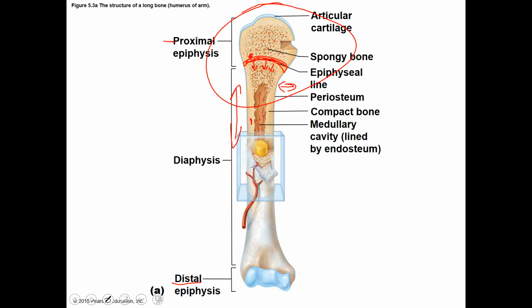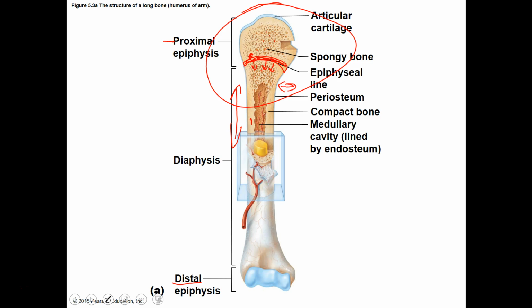But as these cartilage cells that are created in the epithelial plate get further away from their origin, they get surrounded by the bony matrix and they actually become osteocytes. They become bone cells once they're completely surrounded.